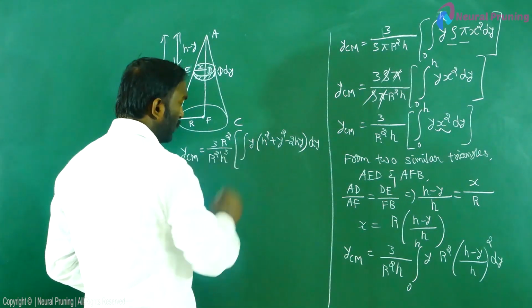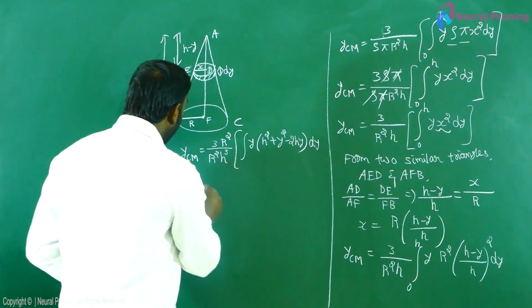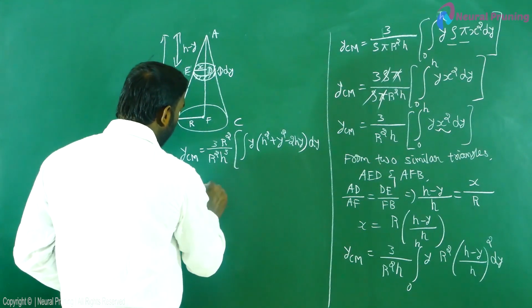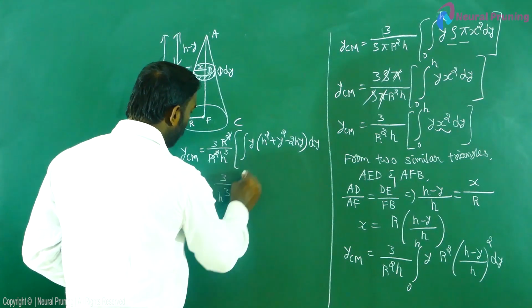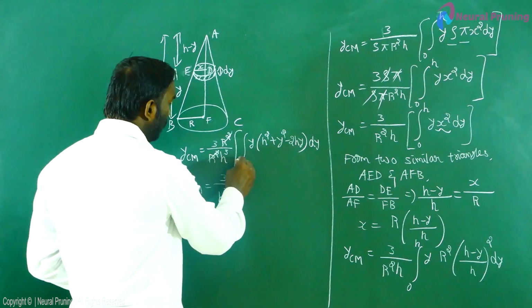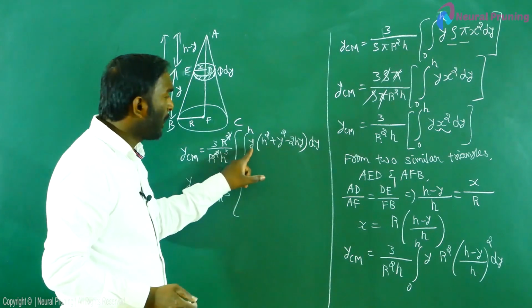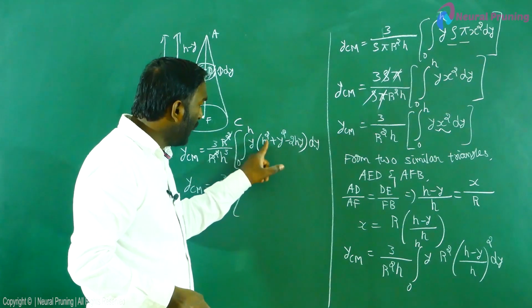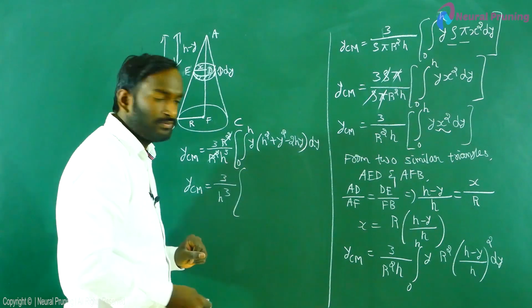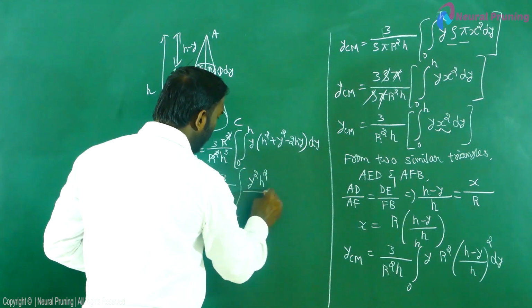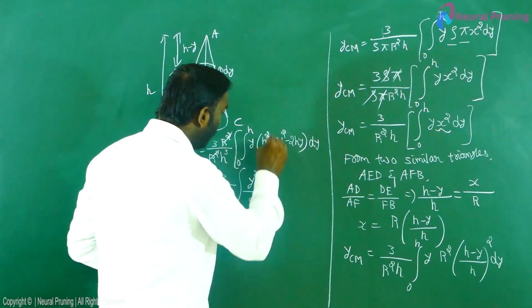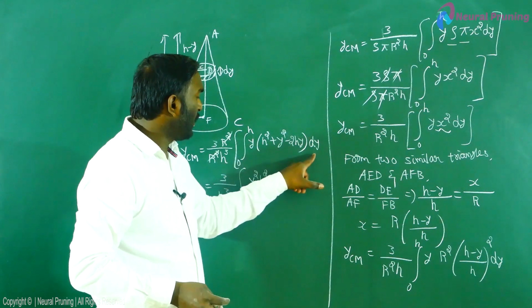So I'll write here H cube. YCM is equals to 3 by H cube into, here limit 0 to H, integration YH square dy means Y square H square by 2 plus Y cube dy.